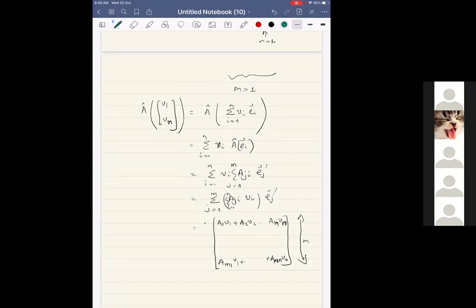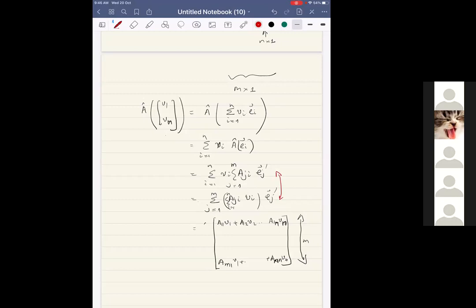Sir, the summation should be like A11 V1 plus A21, right? I mean, when the J varies. No. That is the whole point. Look here. You remember A hat EI was defined like this.